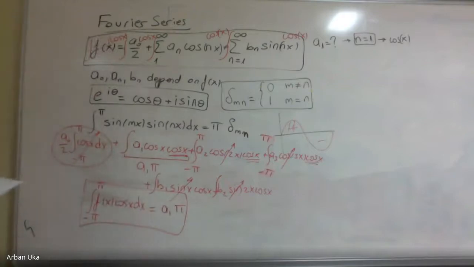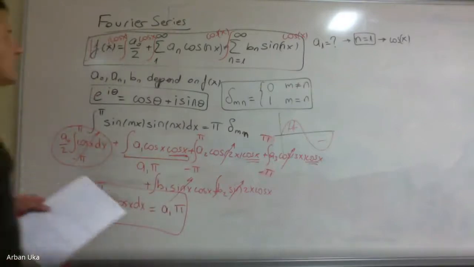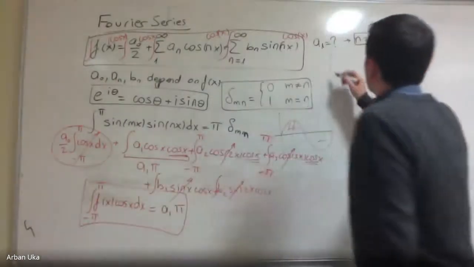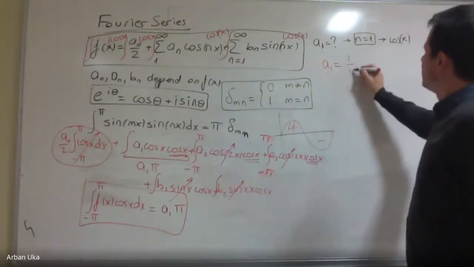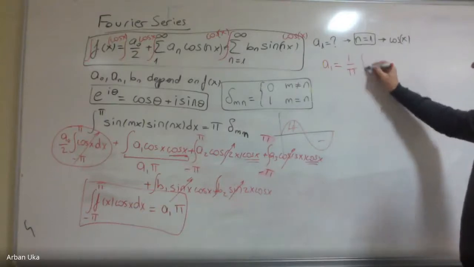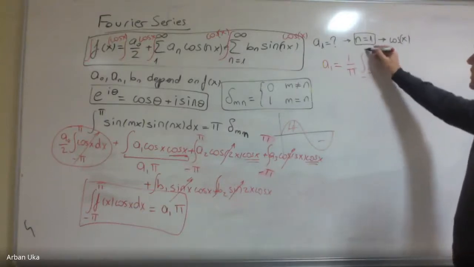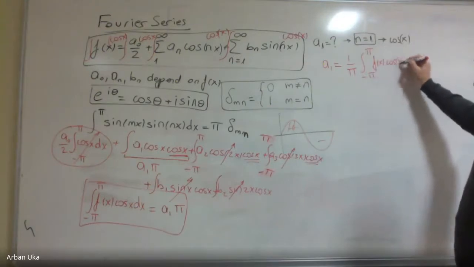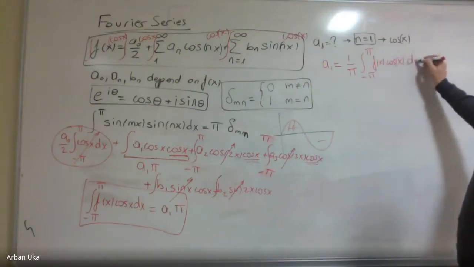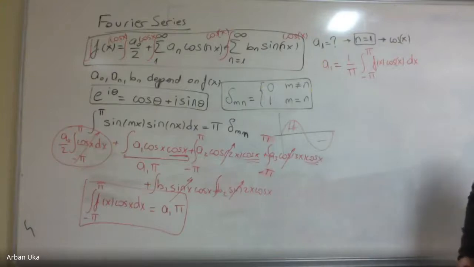Okay? So we observe that as a result, A1 is equal to 1 over pi times the integral from minus pi to pi of f of x cosine x dx. Okay, so this is only for A1.